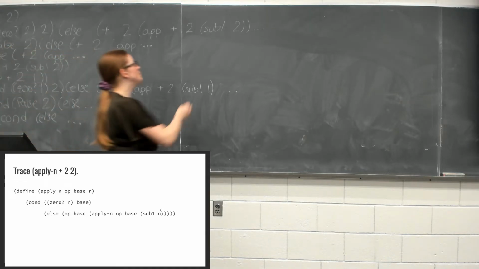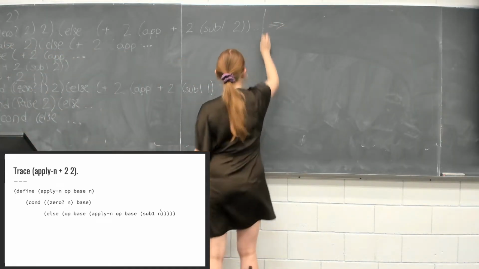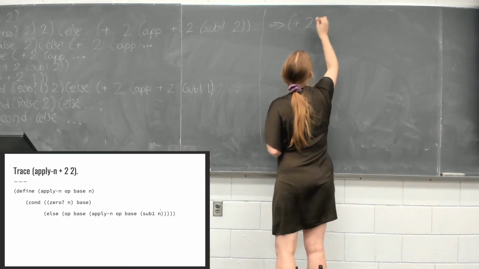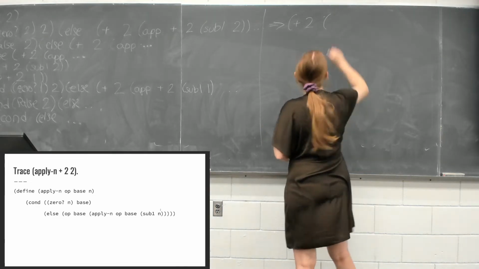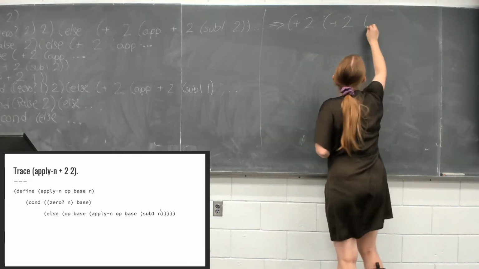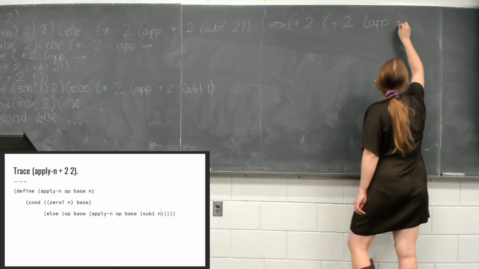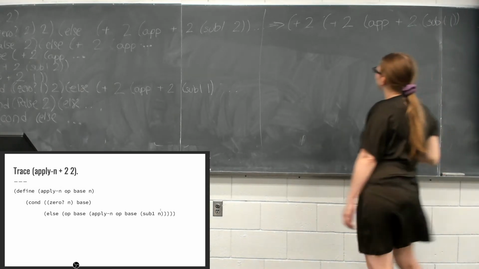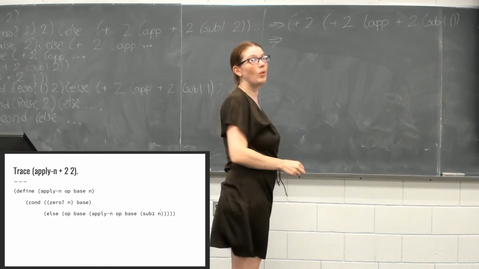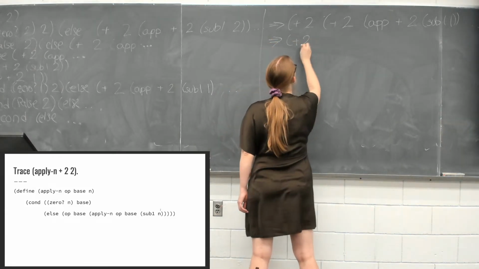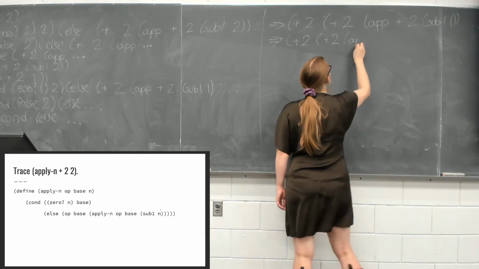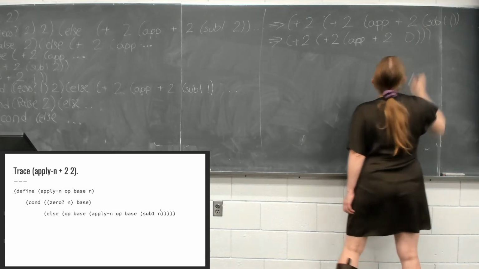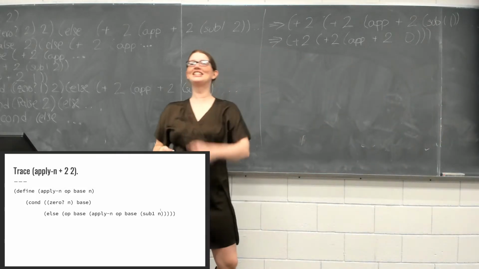Else always evaluates to true, so now we're going to go back up here. And we've got, we evaluate the sub 1 1, which is going to give us 0. And now we got one more recursive application.